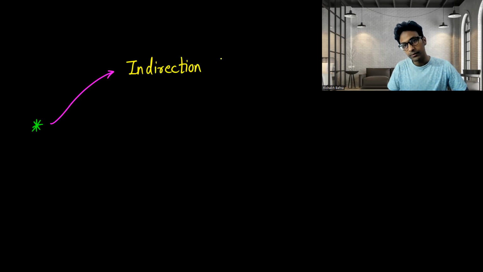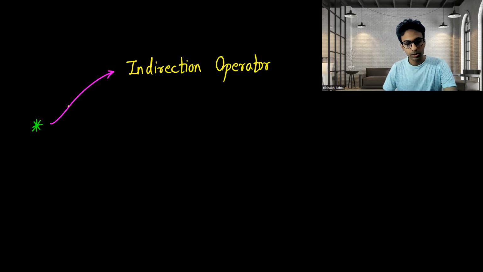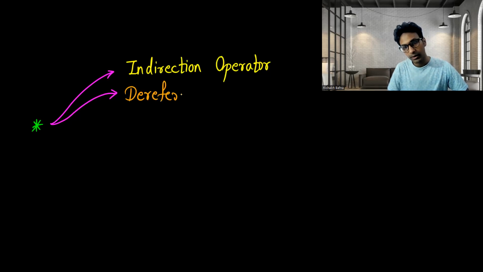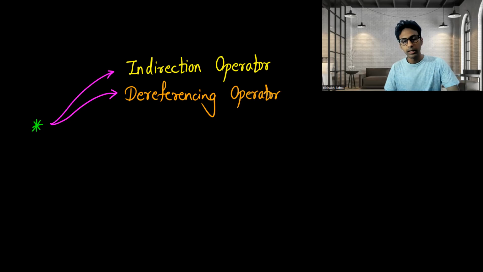Star is called the indirection operator, or maybe the dereferencing operator. Star indicates the object at the location, or maybe the value at the location.